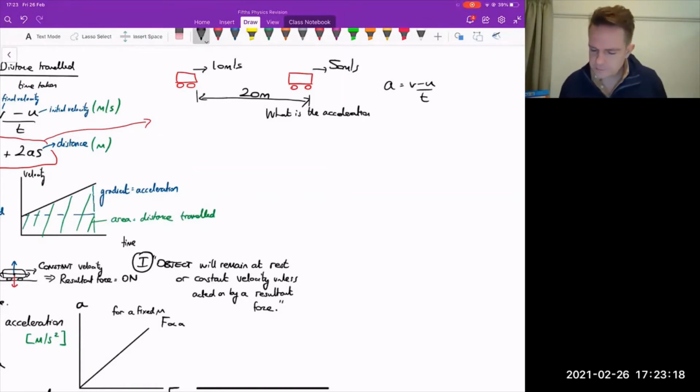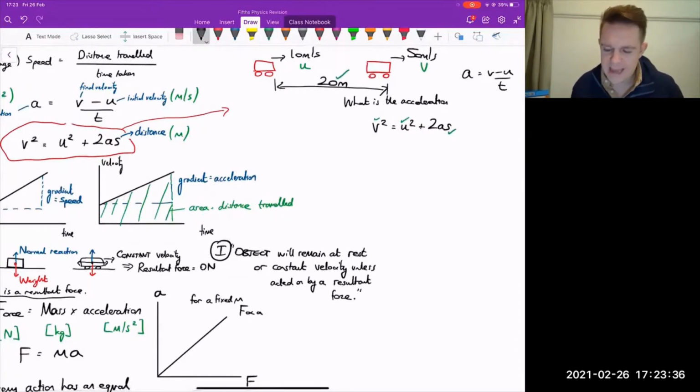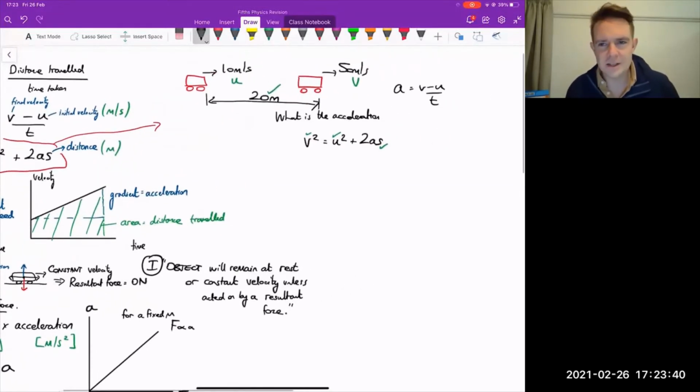Well, that's when you would use v squared equals u squared plus 2as, because you've got v, the final speed, you've got u, the initial speed, and you've got s. So you could use that equation to work out what a is. Now, I'm not saying that's the only way to do it.